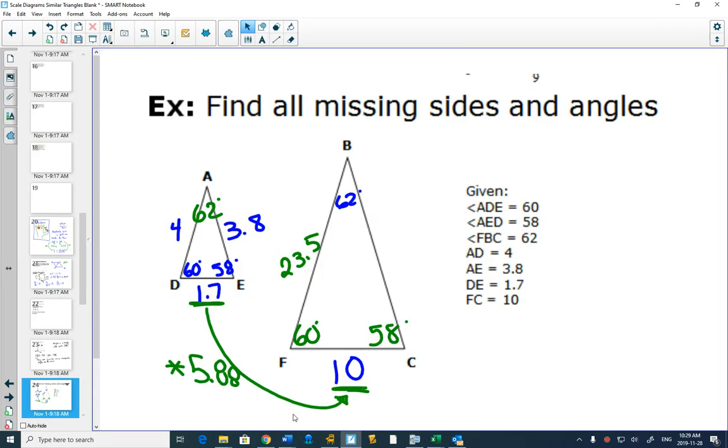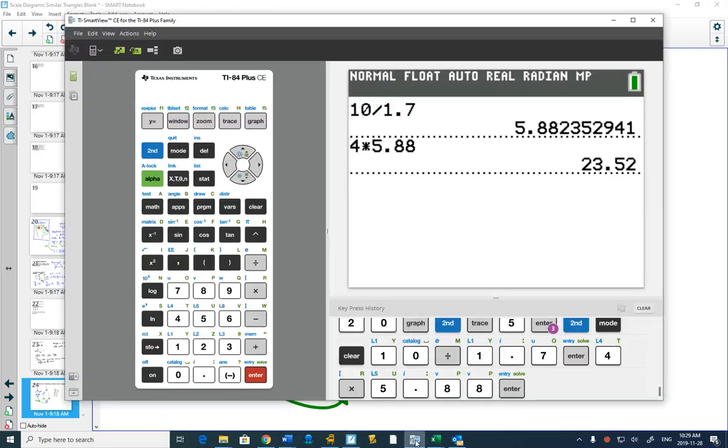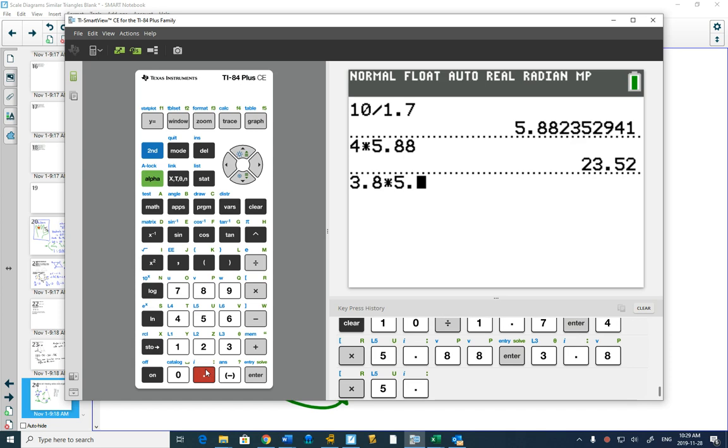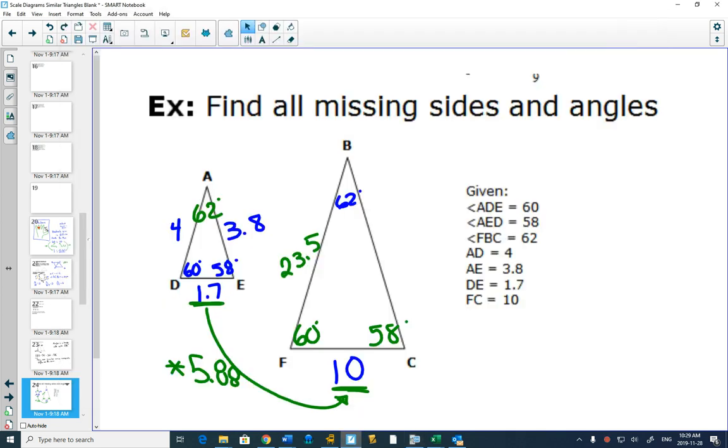And this side, which was 3.8, I take 3.8 and multiply it by 5.88. 22.3. And now I found all the missing angles and all the missing sides.